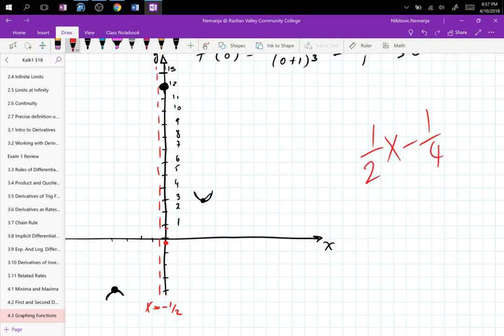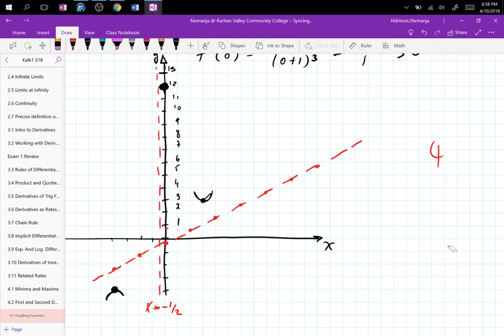And then 2 units over. 1 unit up, 2 units over. And then we connect this, creating the slant asymptote, SA y equals 1/2 x minus 1/4.